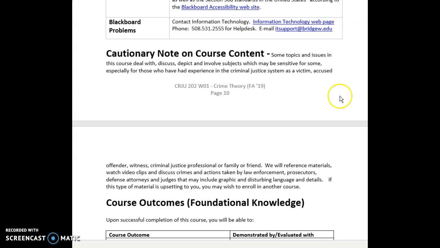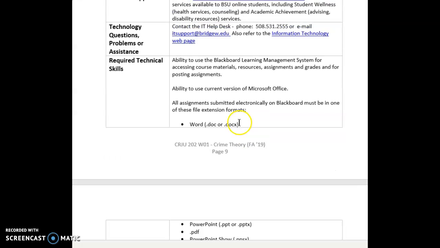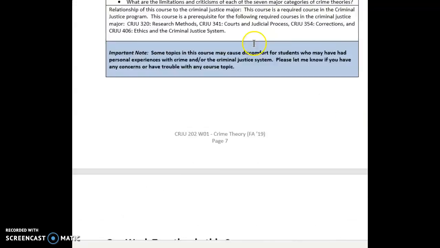So we will be referencing materials that may include graphic and disturbing language and details. I need you to be aware of that and to use good common sense if discussing crime, sexual assault, homicide, or other violent crimes. If it is a topic that's going to be problematic for you, then we should talk and discuss what your best options would be. Okay, back to the beginning.